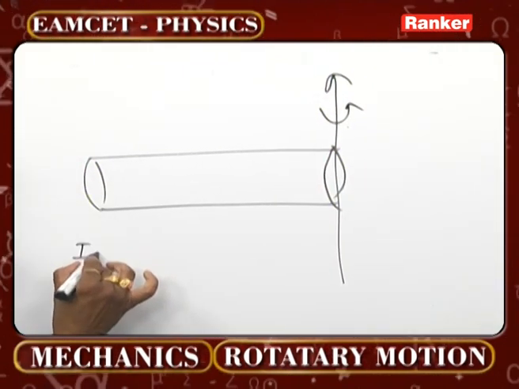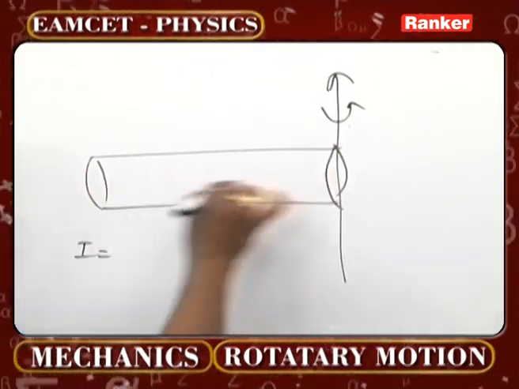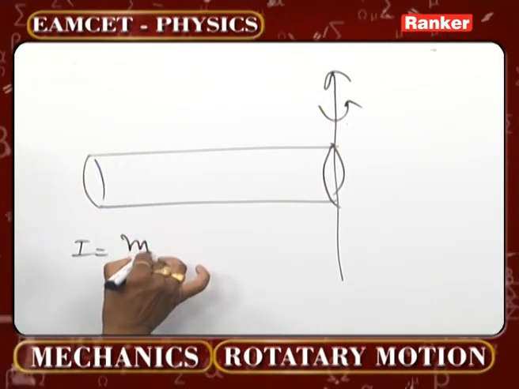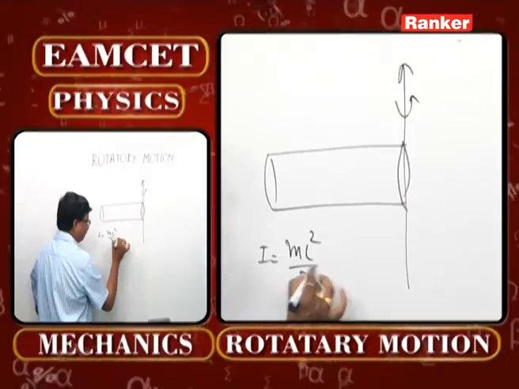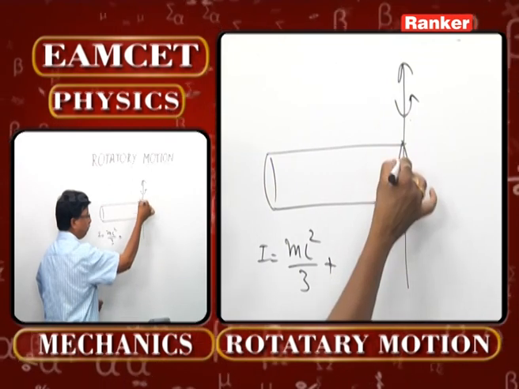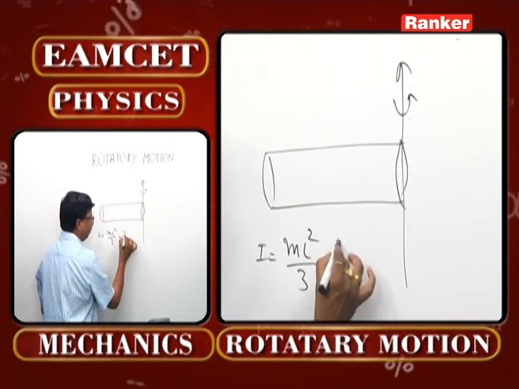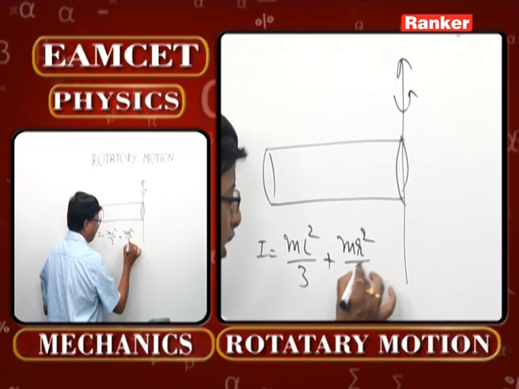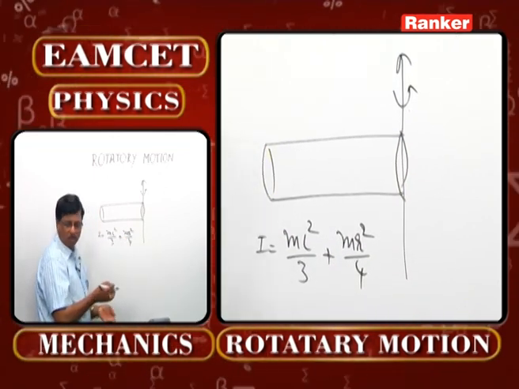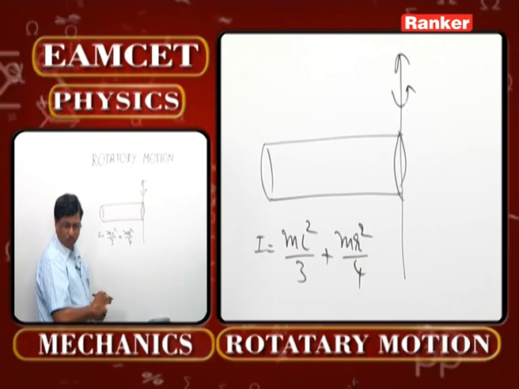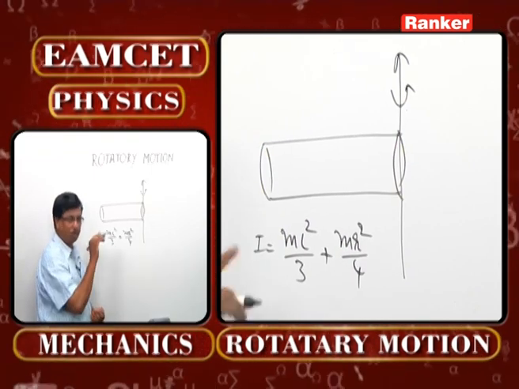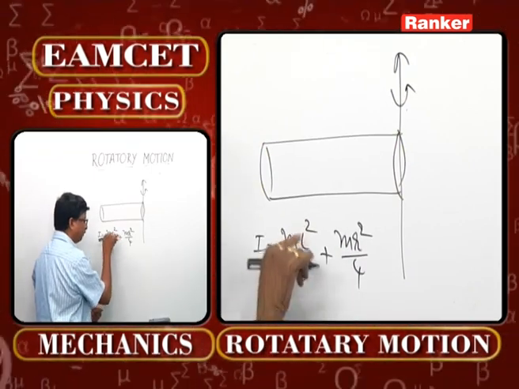Then what will be the moment of inertia? With respect to the length of this rod, ml square by 3, that is the formula. With respect to the diameter, passing through the diameter of a disc, it will be mr square by 4. But what is the concept given here? He has given that the length is 6 times the radius, that means L is 6R.